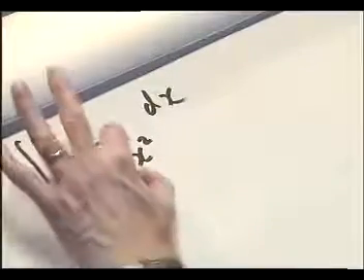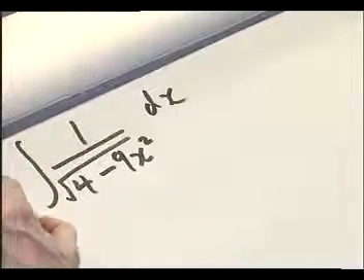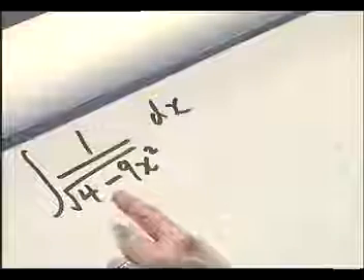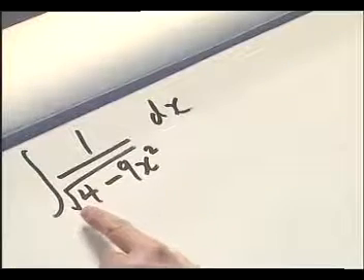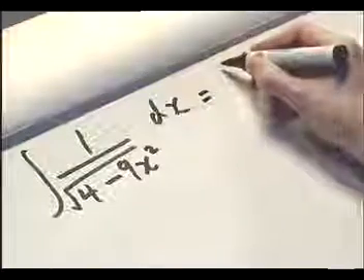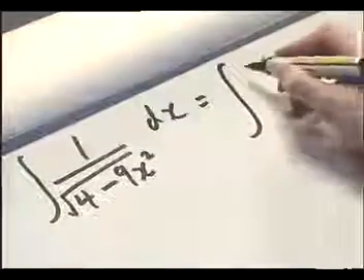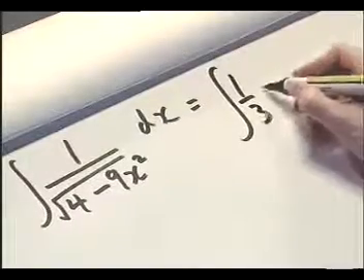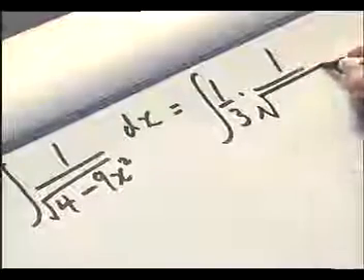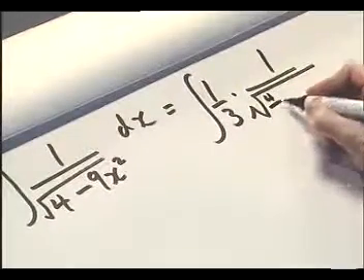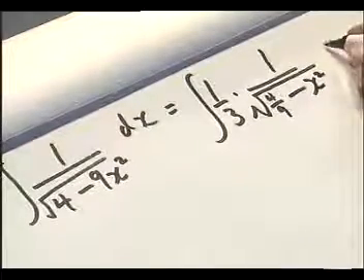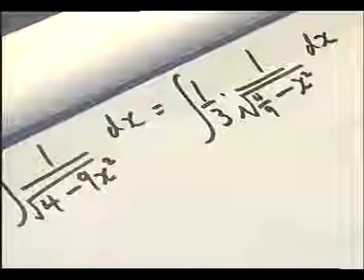So what we're going to do is take the 9 out through the square root, and as it comes through the square root, we will have to square root it, which is going to leave it as a 3. And so we're going to come to this, the integral of 1 over 3, 1 over the square root of 4 over 9 minus x squared with respect to x.